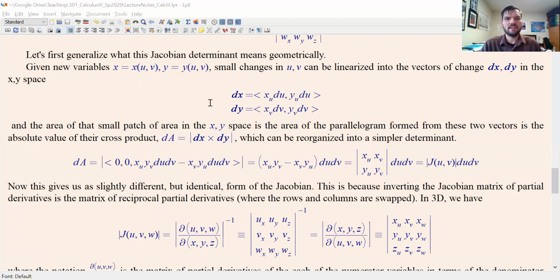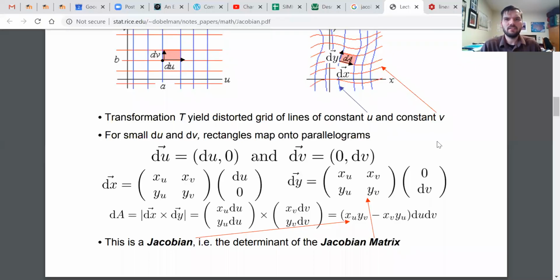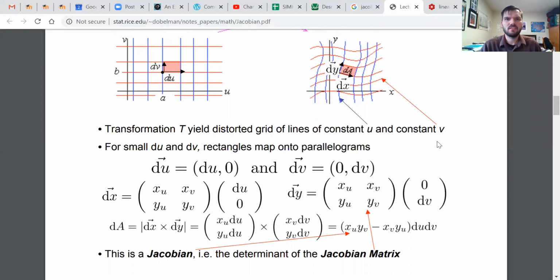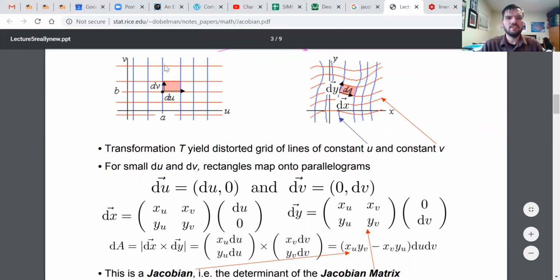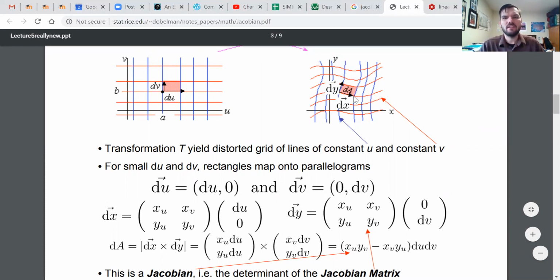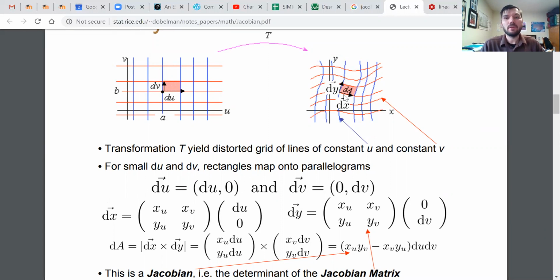So for that, I'm going to transfer over to a page I found. And this shows a transformation between a nice shape or region in u and v space to a rather complicated shape or region in x and y space. But if we zoom in small enough, it can look like a little parallelogram.